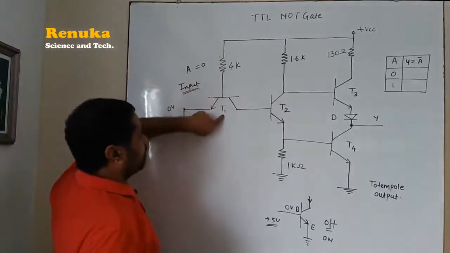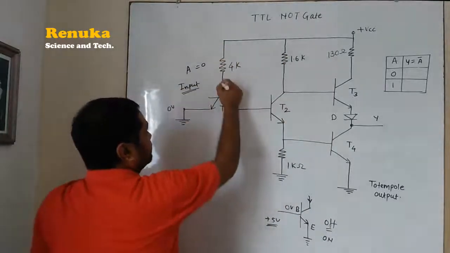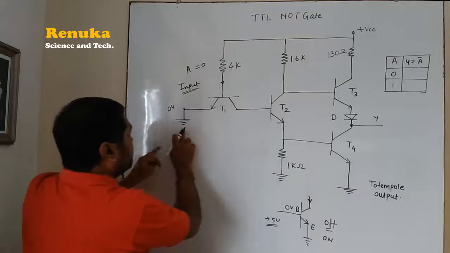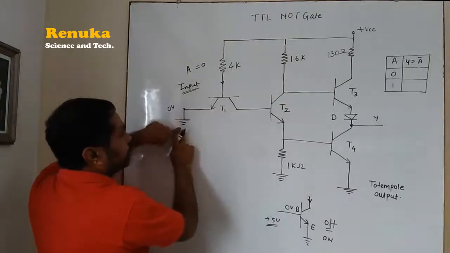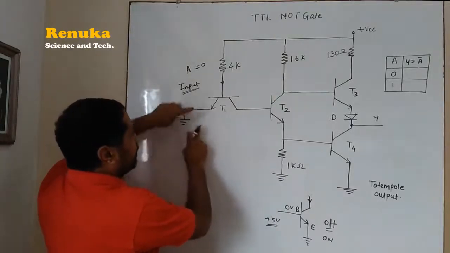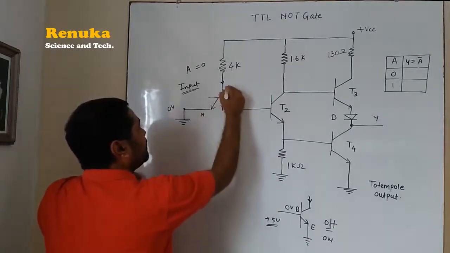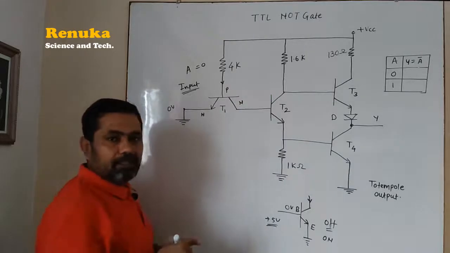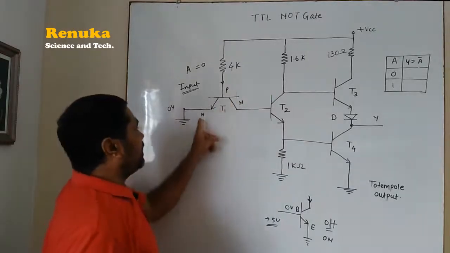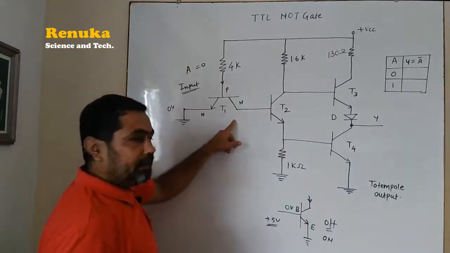Starting from transistor T1, the current will start here. The emitter of this transistor is connected to the ground potential. This transistor is of NPN type. That means its base is P type, and the emitter and collector are N type.